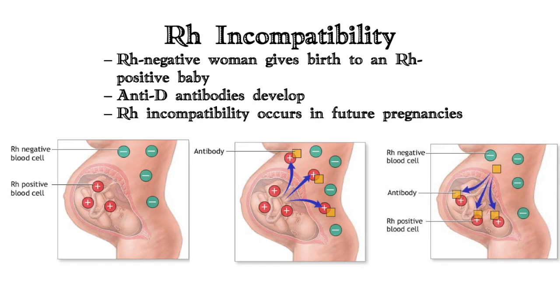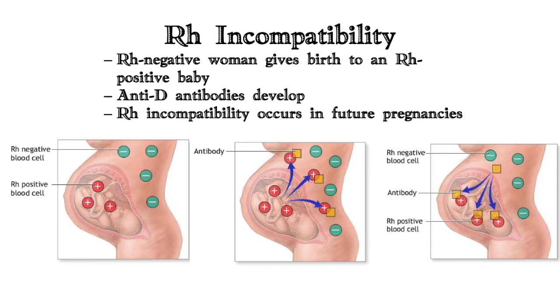If the antibodies get into the womb and into the baby, they could start attacking the baby and create complications for the baby. That's why it's important to communicate to the doctor what blood types you have and so forth.